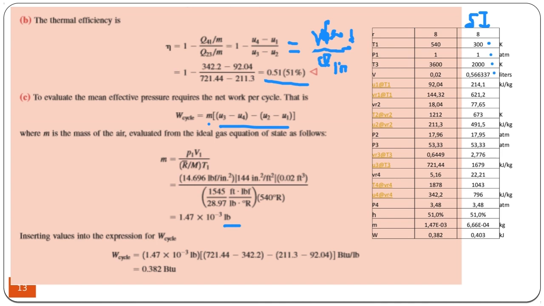The U1 value is obtained from T1, from the air table. And once you have VR1, you can calculate VR2, and also the VR values at T1 and T2.